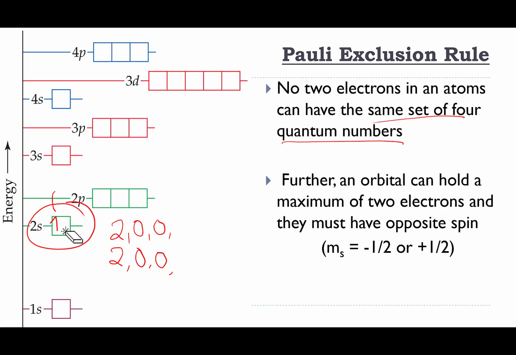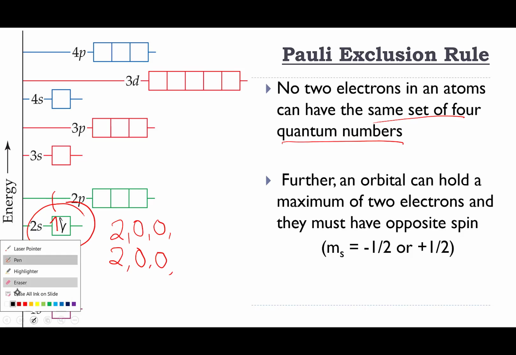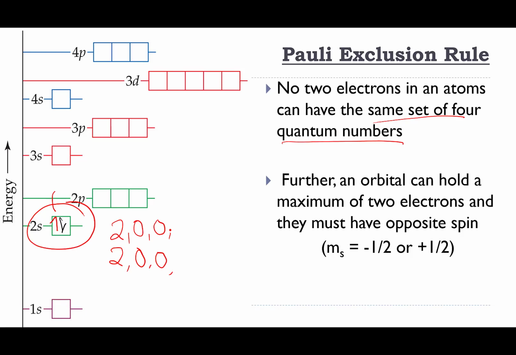So let me actually color code this so you can see it. And let me not use red and green just in case anybody's colorblind. We'll use black. There you go. So the red arrow, if I do his address up here on the top, he's in the second energy level in an s orbital.